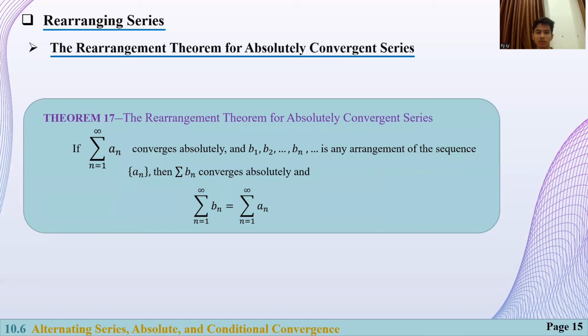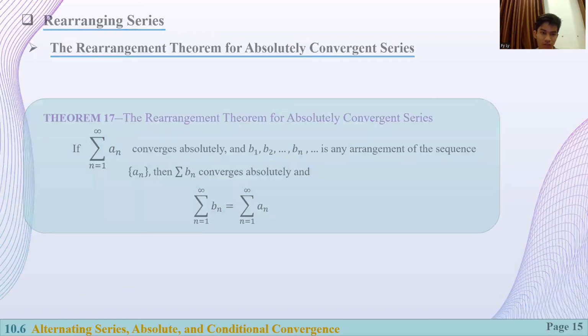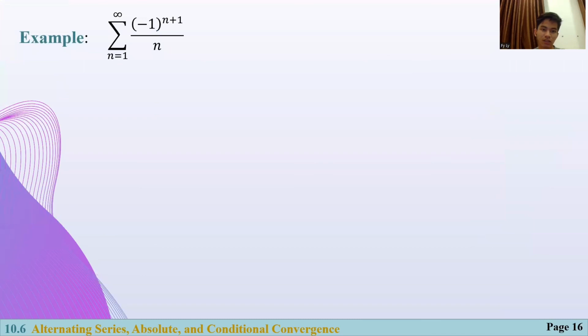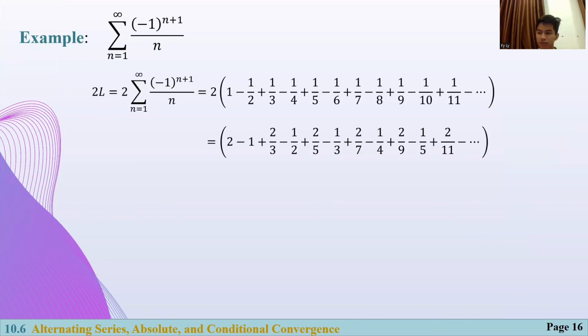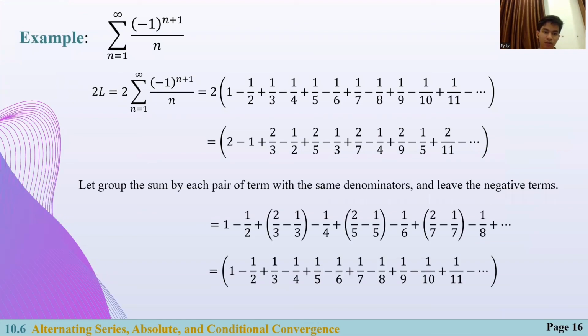But if we rearrange a conditionally convergent series, we will get a different result. For example, the sum from n equals 1 to infinity of (-1)^(n+1) over n. We know that the series converges to some L, and we try multiplying by 2L.